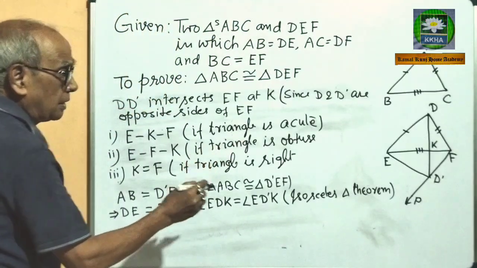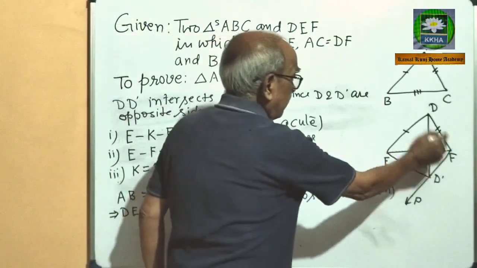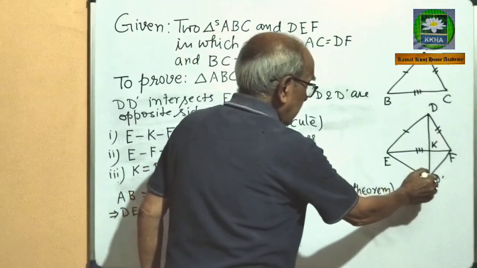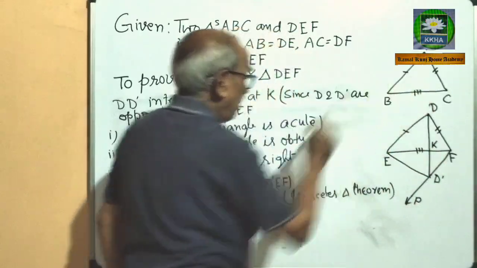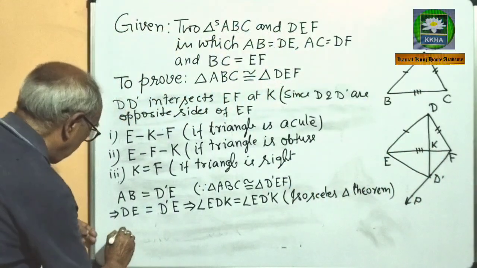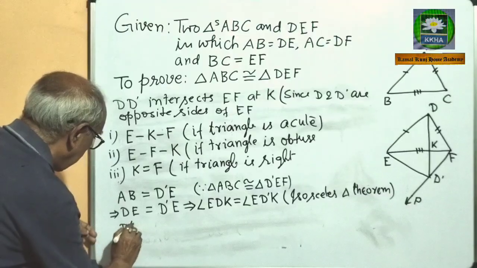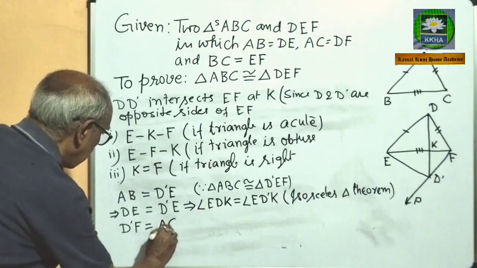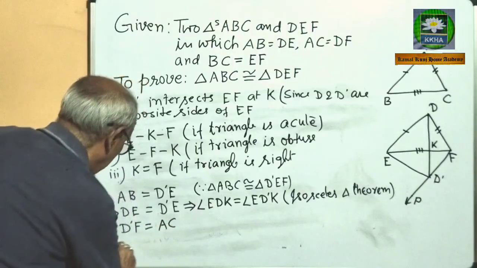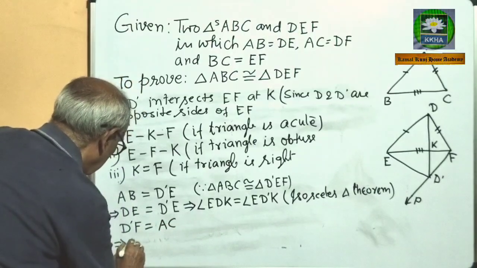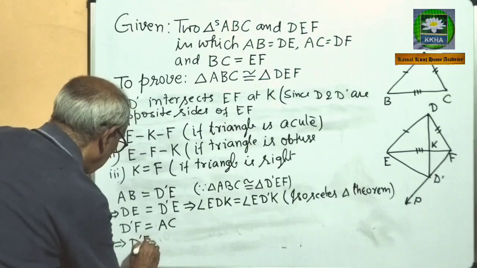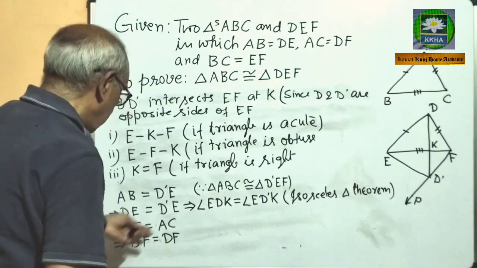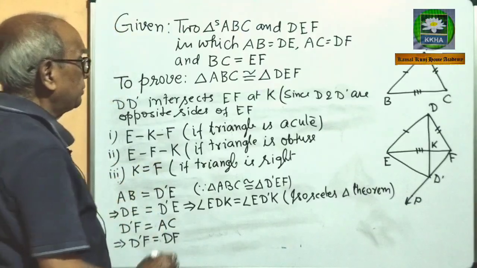Again, in triangle FDD dash, we have D dash F equal to AC. This implies that D dash F is equal to DF, because AC is equal to DF.